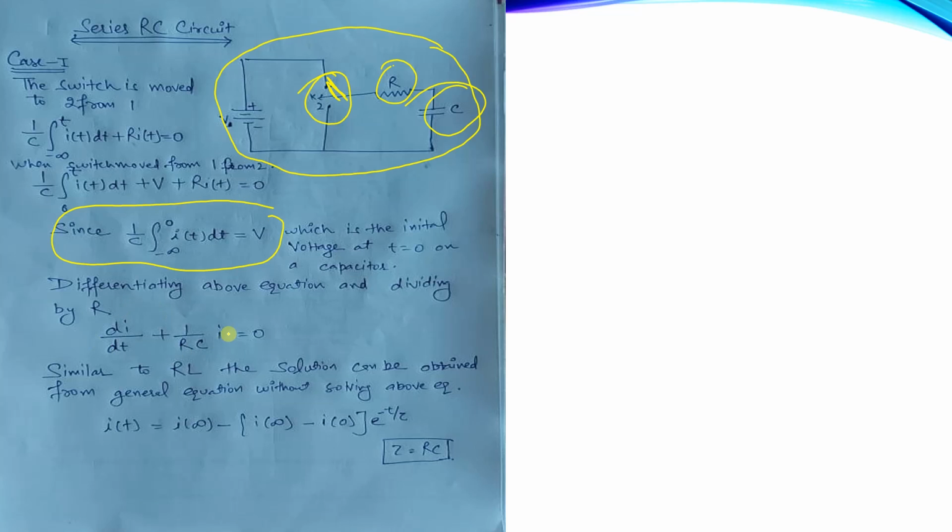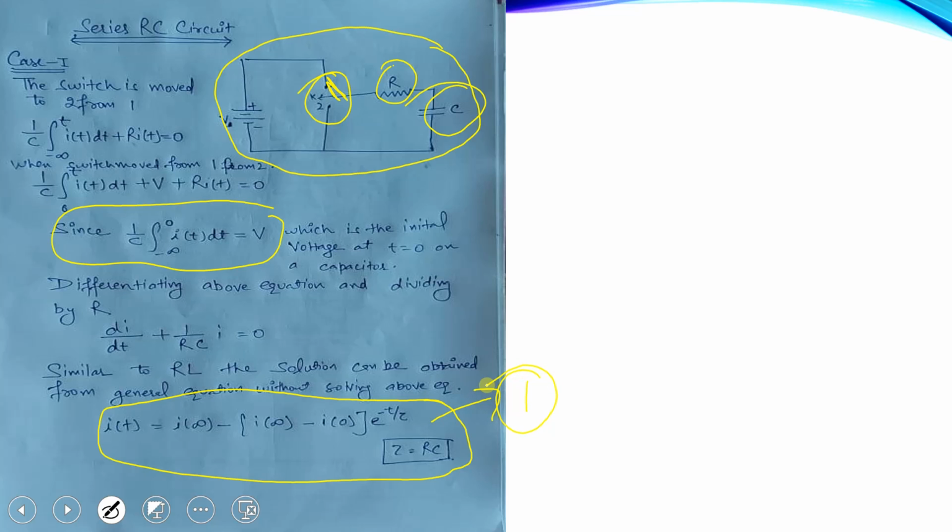When we solve this equation, we get the final equation: i(t) = i(∞) − (i(∞) − i(0)) e^(−t/τ), where τ = RC. This is the condition for the RC network.